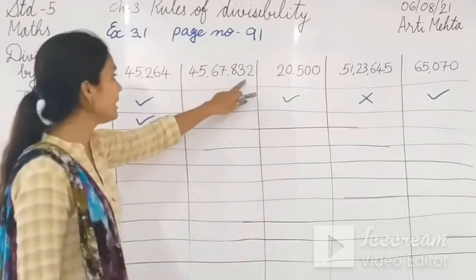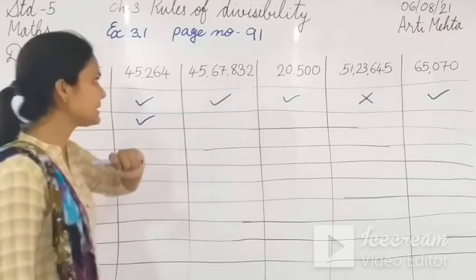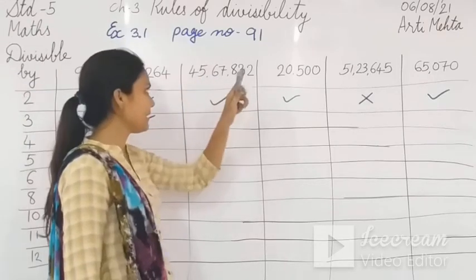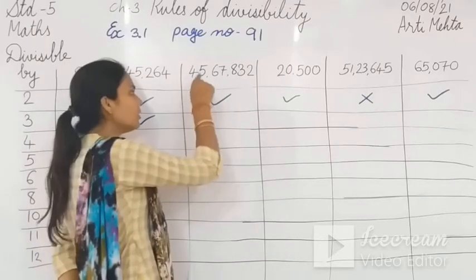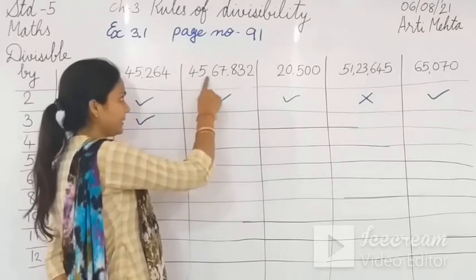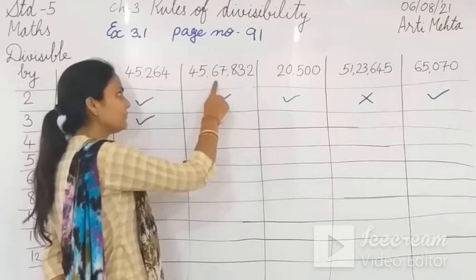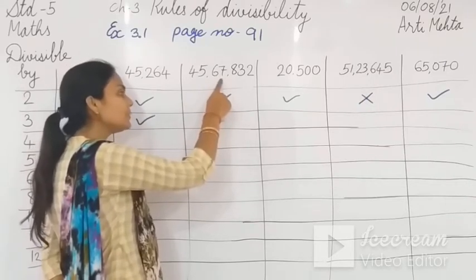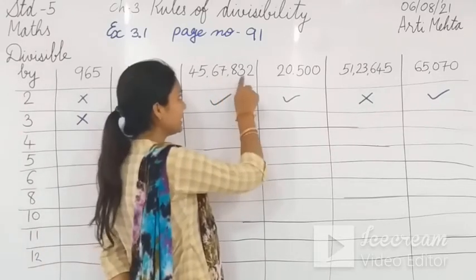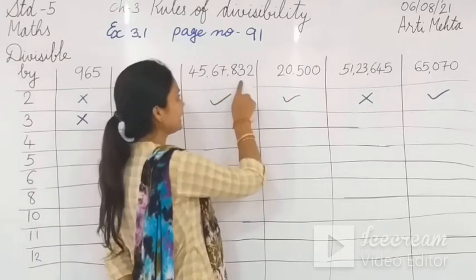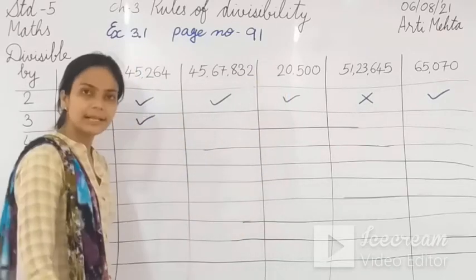Now we will count the sum of these digits. 45,67,832. Okay, sum of the digit we will count. 4 plus 5 9. 9 plus 6 15. 15 plus 7 22. 22 plus 8 30. 30 plus 3 33. 33 plus 2 35.